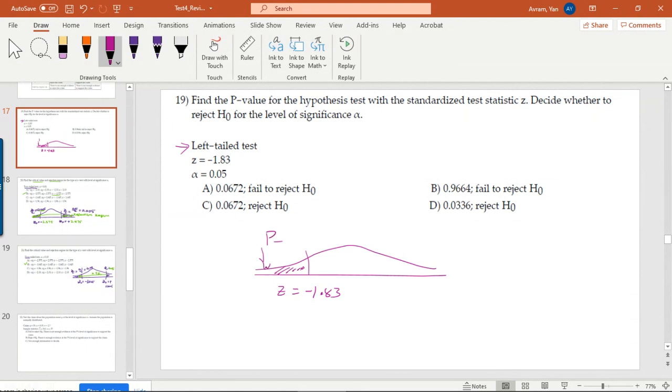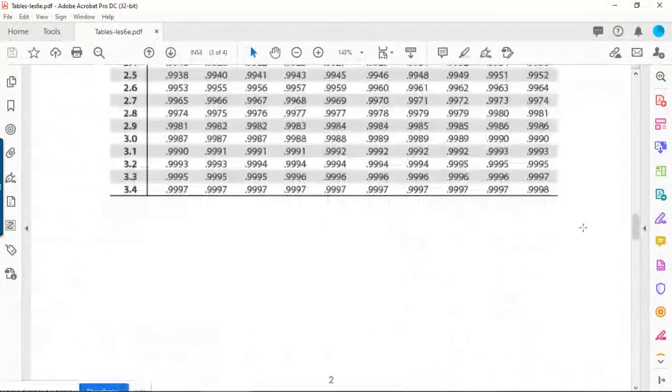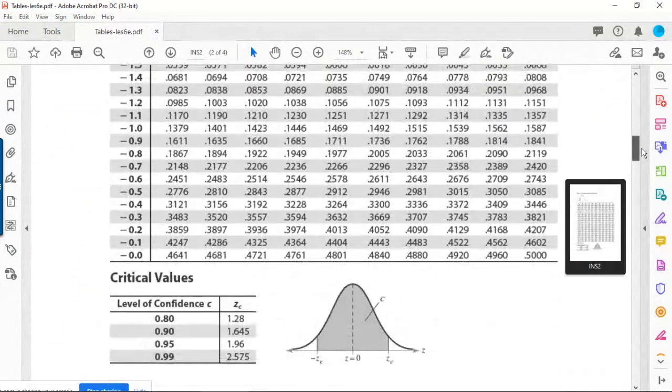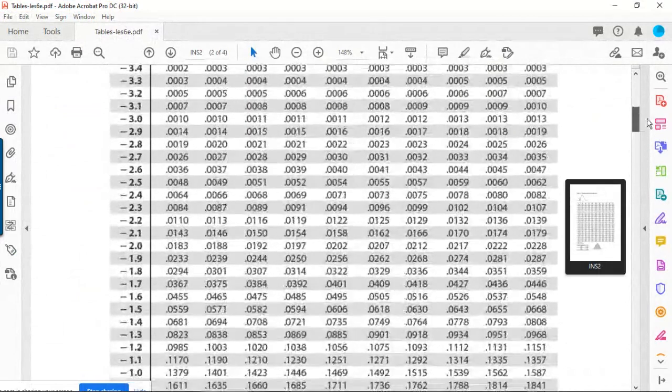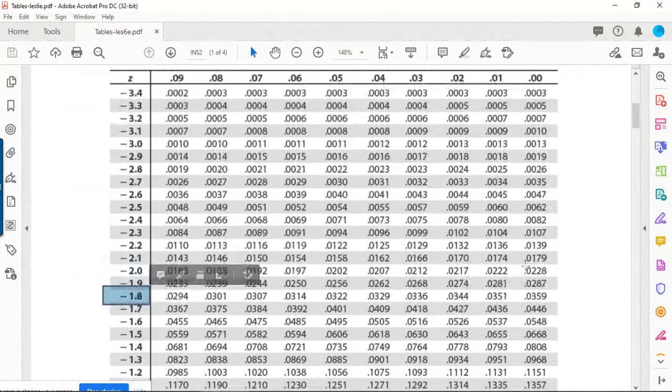And what is my p-value? P-value is the area. Okay, so my p-value here, I can go to read the table, right? Giving you the z-score, you can read the table in here. So I am going to read my z-table, okay? And this one is negative 1.83, so let's look at negative 1.8 right here.